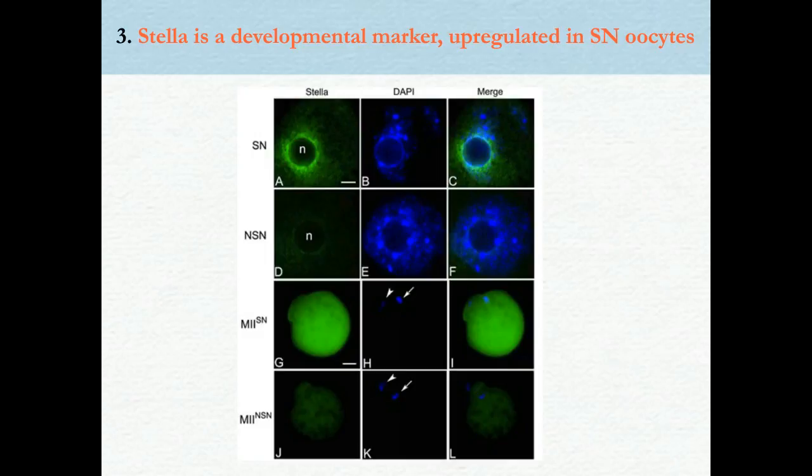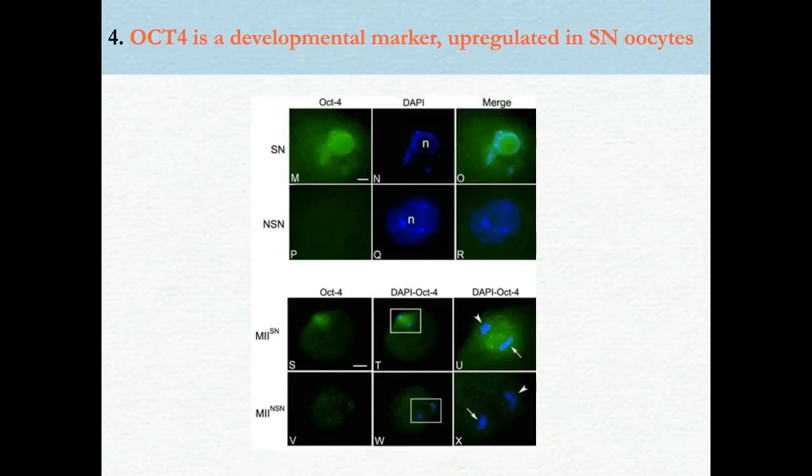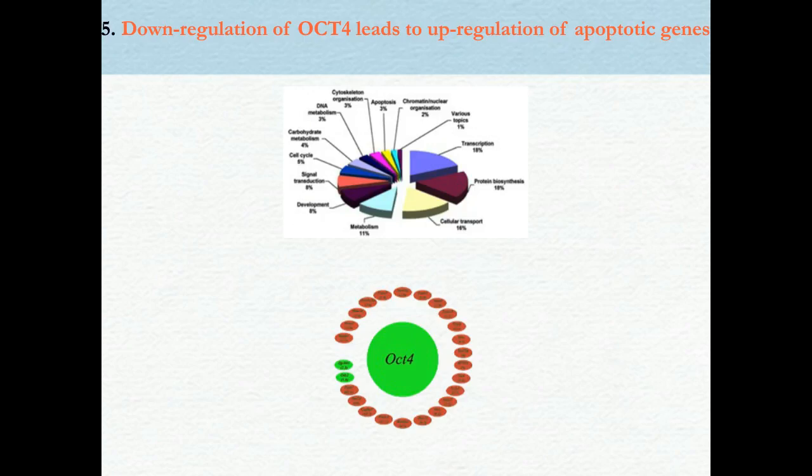The same profile of expression occurs for the OCT4 pluripotency marker. The downregulation of OCT4 correlates with the upregulation of a network of apoptotic genes which could mark the developmental incompetence of the NSN oocyte.